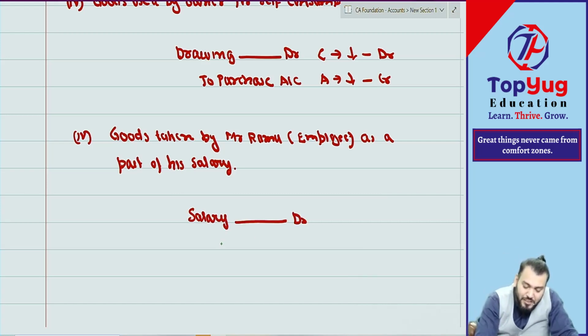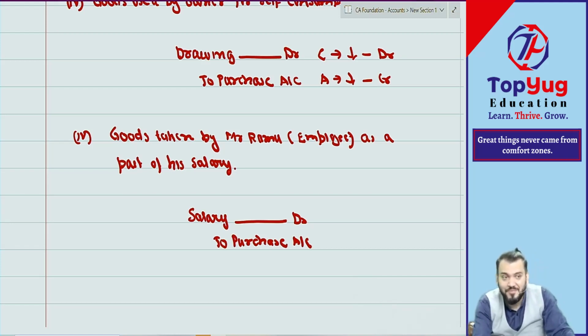Simple. One thing is clear: in all these transactions, which account is credited? Purchase account. Only you need to find out the other aspect. In the application of goods, goods will always decrease. Only we need to understand what is the other aspect of this account. Understood? Salary account debit to purchase.